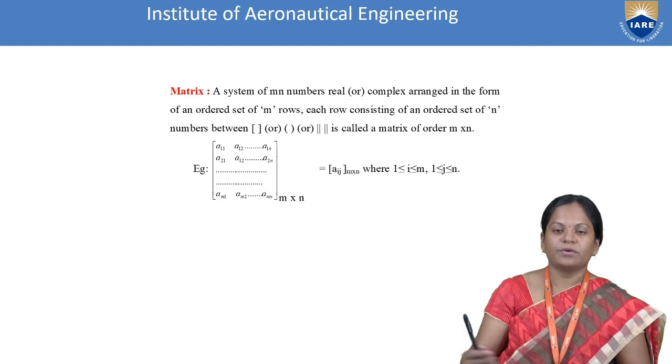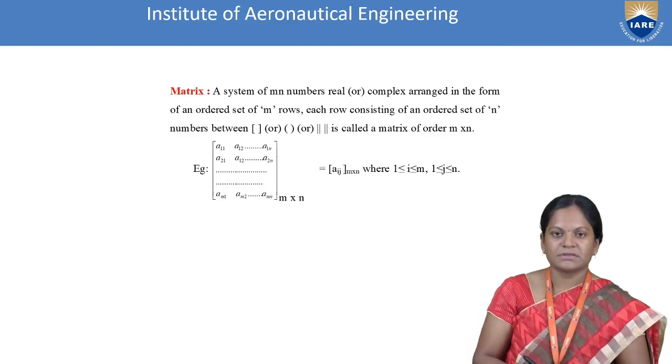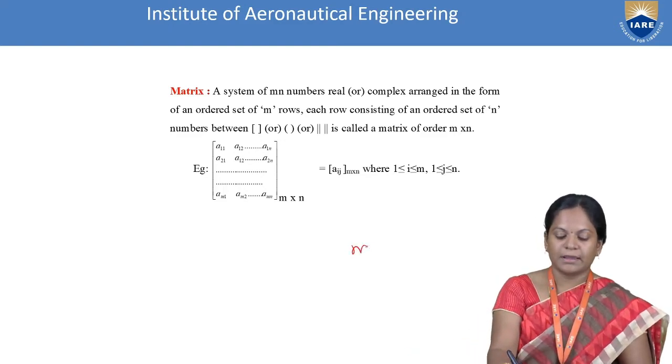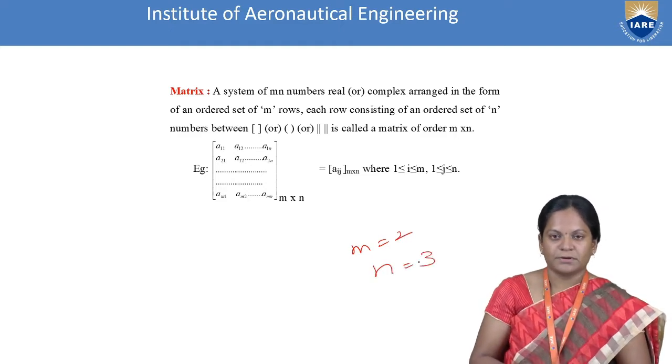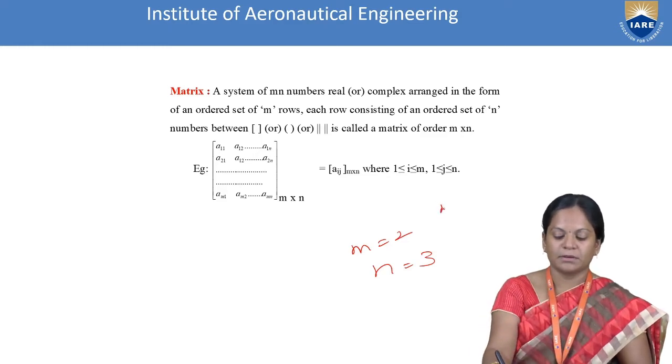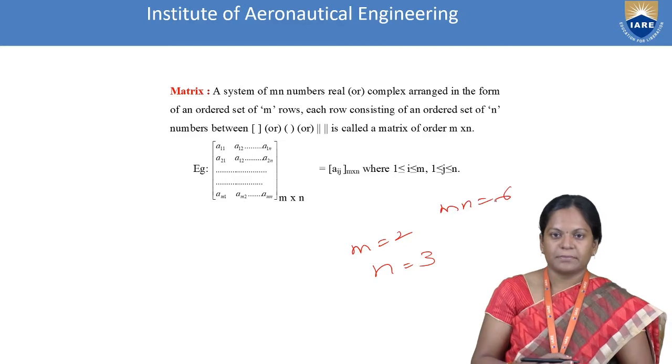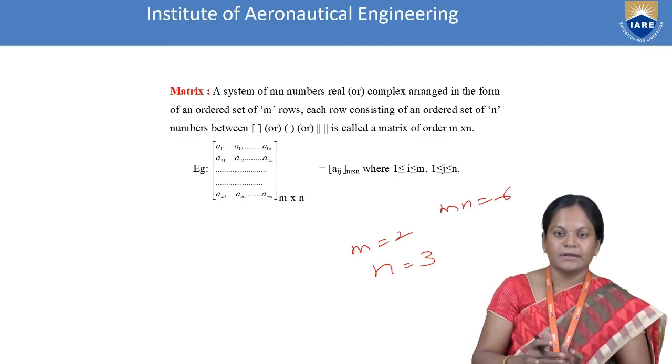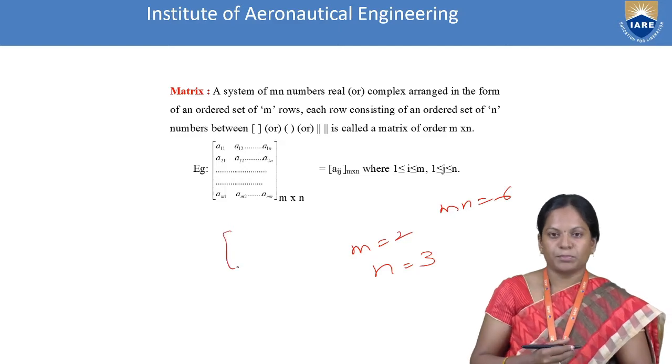So generally here we have mn numbers. Suppose I am taking m as 2 and n as 3. Then mn is 6 numbers, which we have to arrange in a square bracket or open bracket. The system is said to be a matrix.